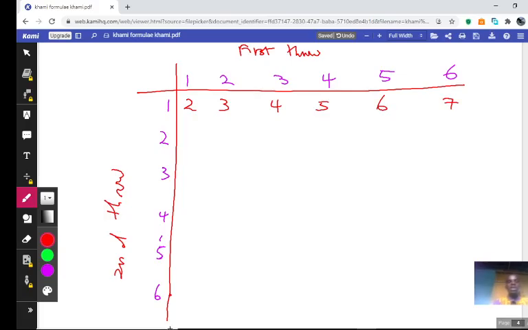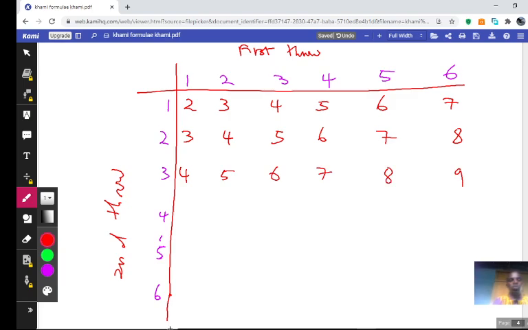Right, it's actually easy. Then on this one, 1 plus 2 is 3. 2 plus 2, 4. 3 plus 2, it's actually 5, 6, 7, and 8. Then on this one, 1 plus 3, 4. 2 plus 3, 5, 6, 7, 8, and 9.